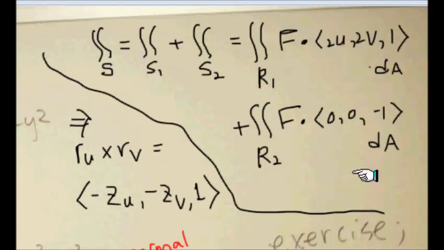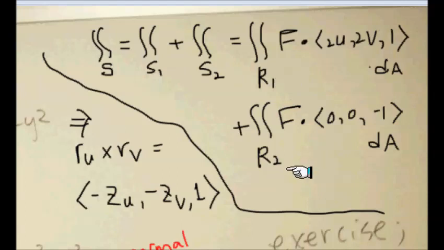Okay, so you have to calculate these two and go back to the F, and the rest is a straightforward calculation. But you have to think about what R1 and R2 are. This is really the x and y region, because we parameterize x and y with u and v. R1 was a unit circle and R2 was a unit circle.